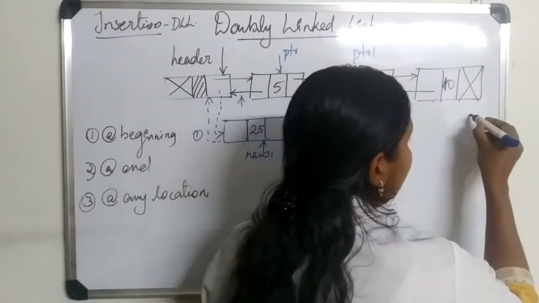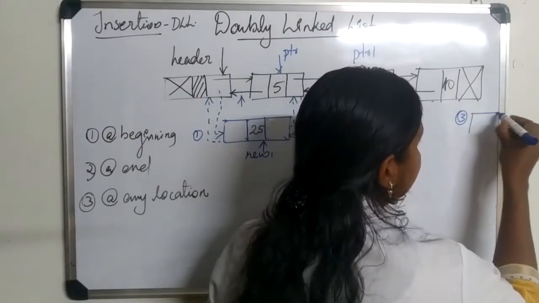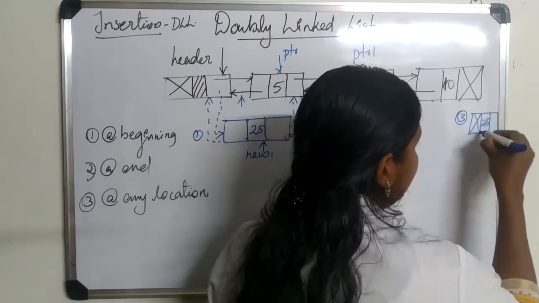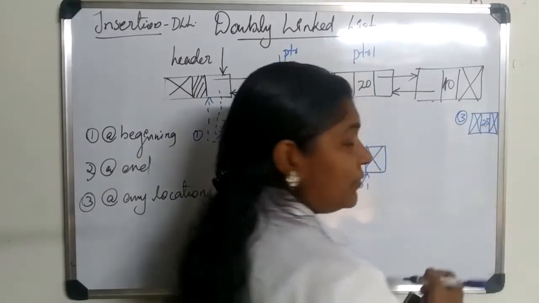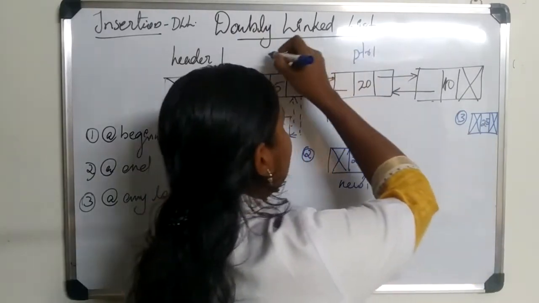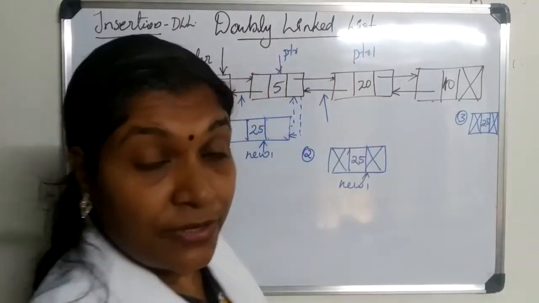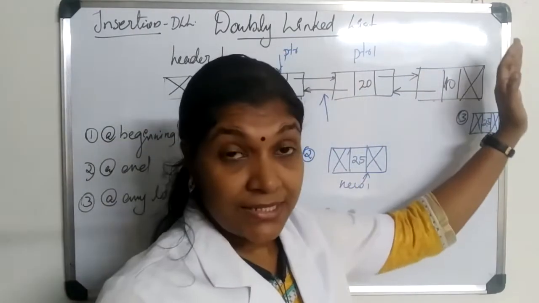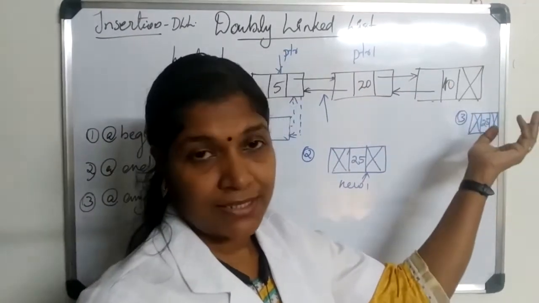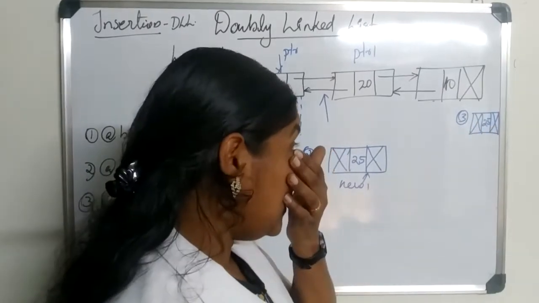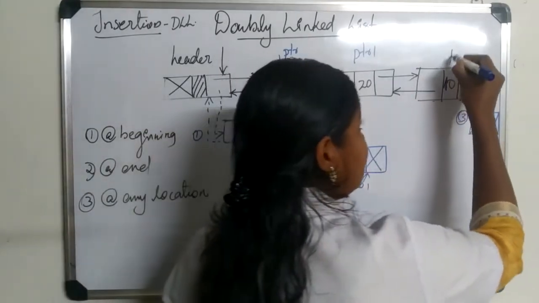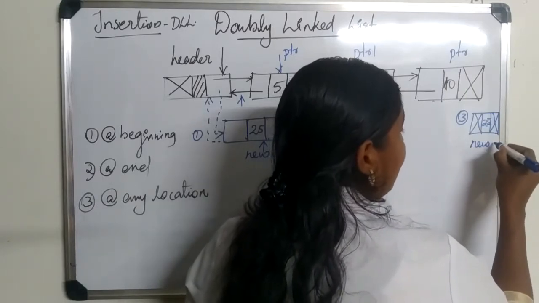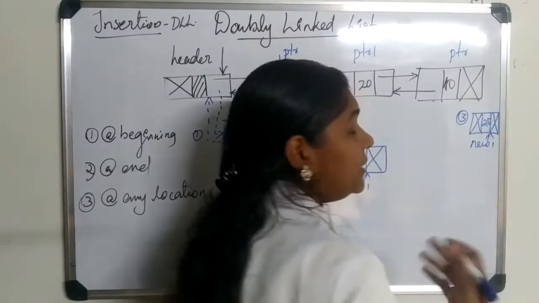Then when we are about to insert our node at the end, what are the processes we need to perform? We will assign PTR to the first node. Then we can traverse till the last node as in our single linked list. On reaching the last node, say this is the PTR and this is our new one. Both the nodes have names.